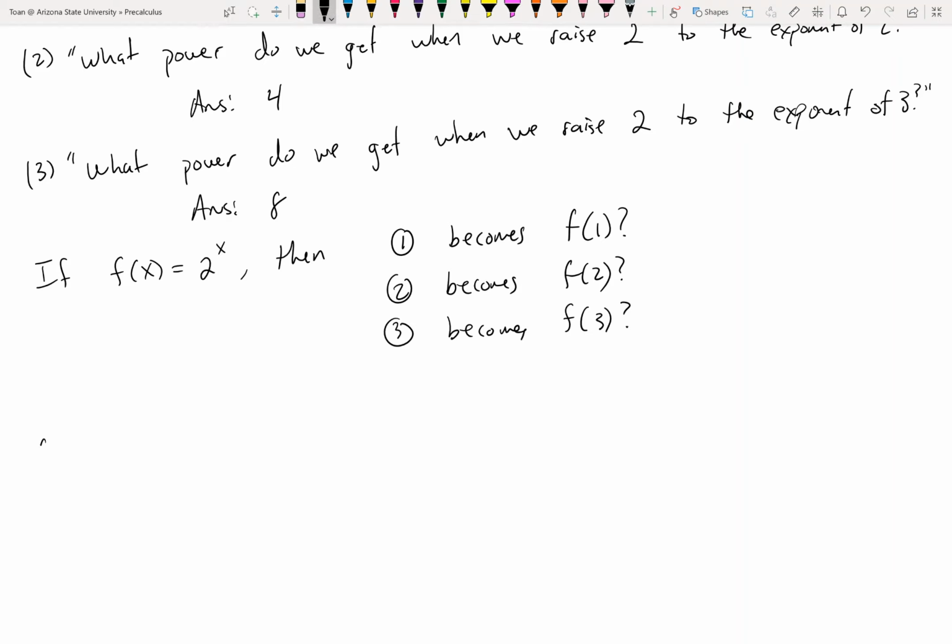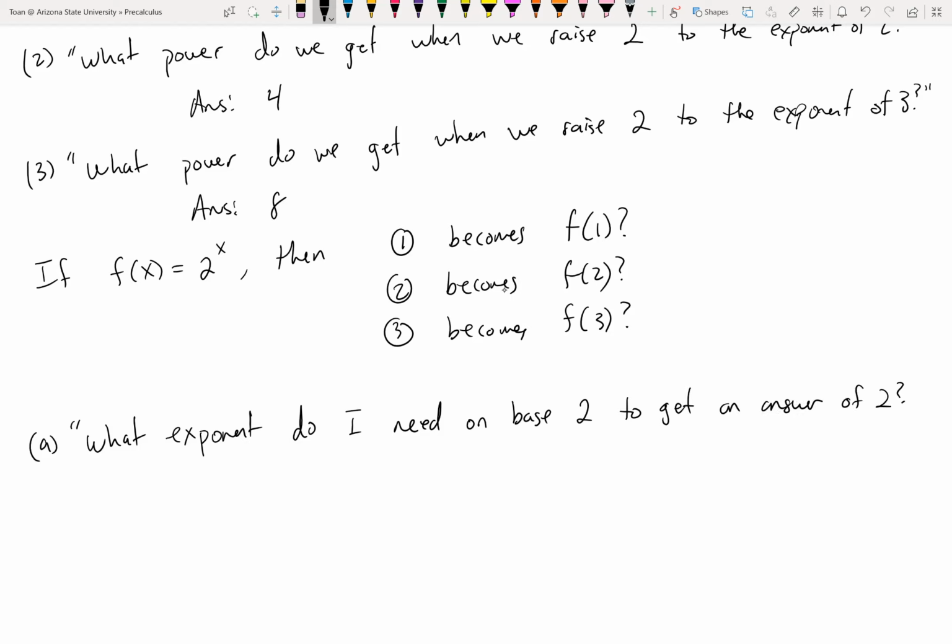So instead of asking what power do we get, let's instead ask these questions, right? Letter A, just to differentiate from 1, 2, and 3. What if I asked you, what exponent do I need on base 2 to get an answer of 2? In other words, 2 to the what power equals 2.